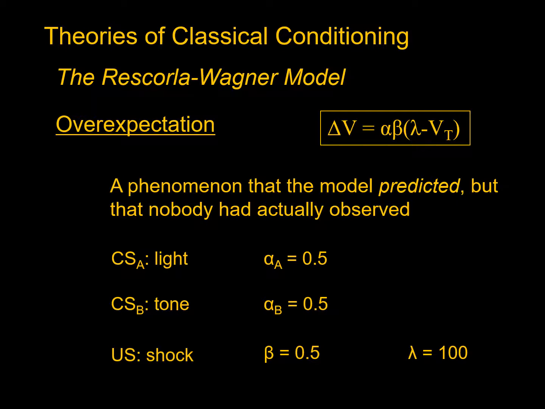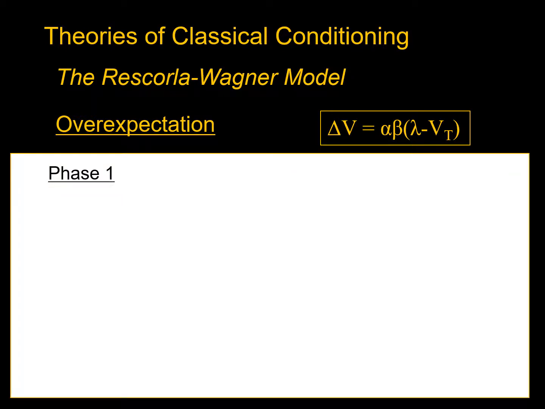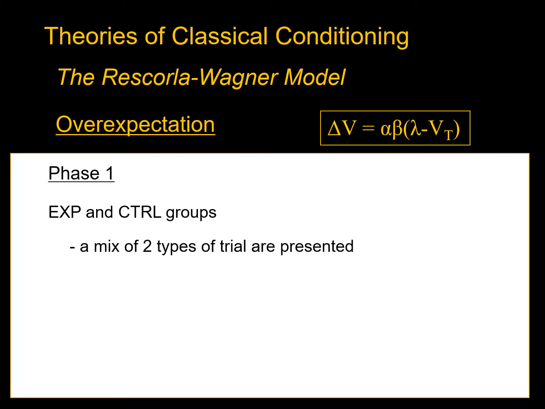Now, here, in phase 1, we're not going to present the CSs as a compound. So there's going to be a mix of two types of trials for both our groups. On some trials, the light's going to come on, and you're going to get a shock. CS A, then followed by the US.